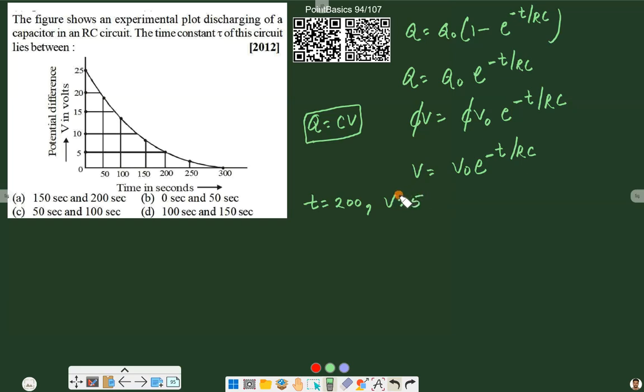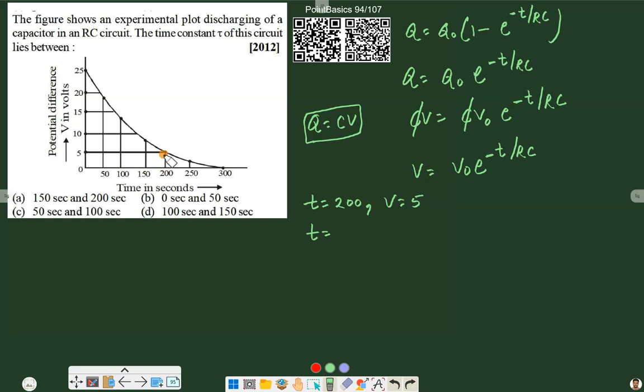We could take some other value, but we have to take a value where we have a good representation from the graph.